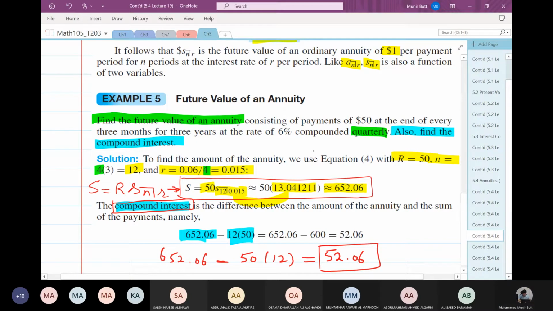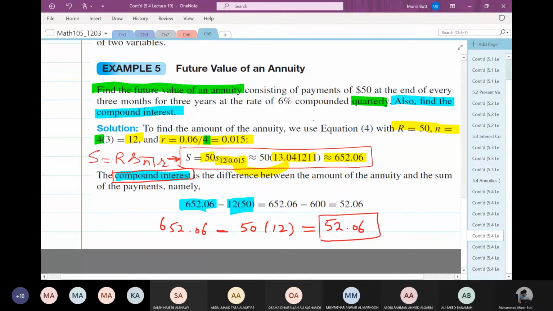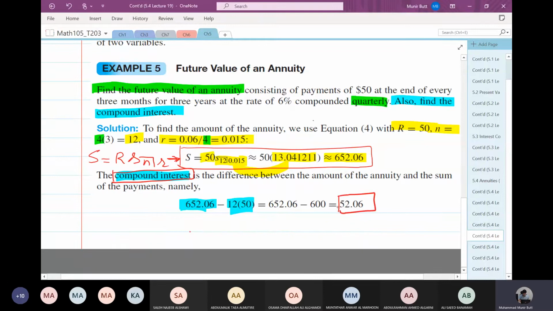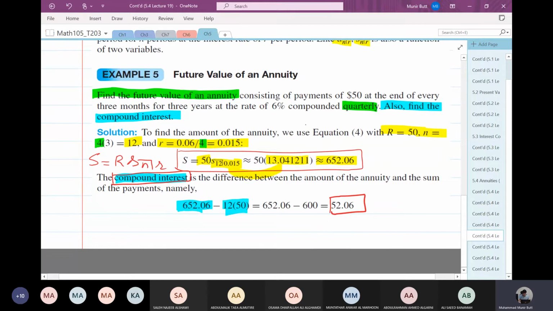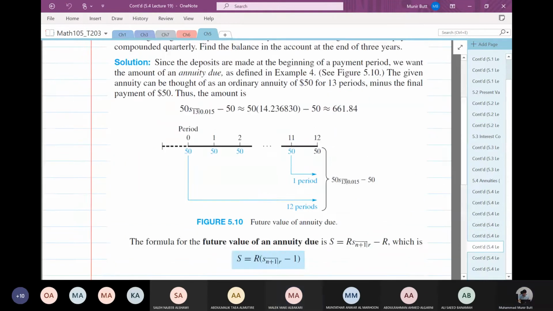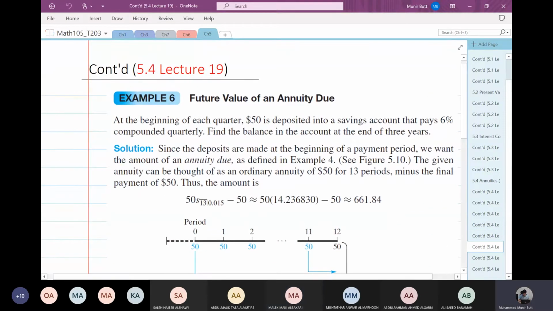Any question? Everything is clear, I hope. Yes, doctor, it's clear.